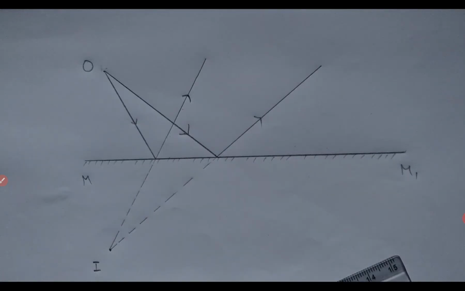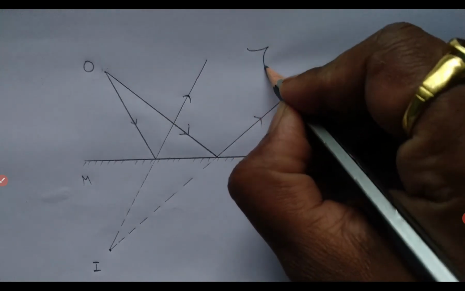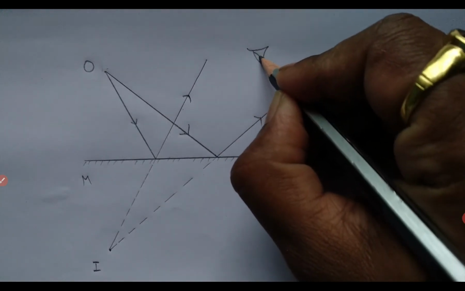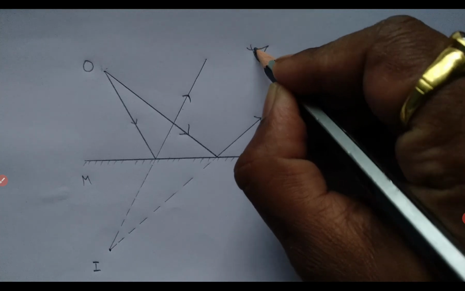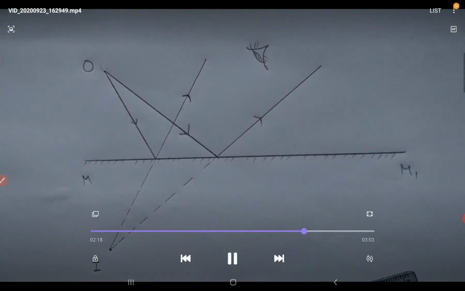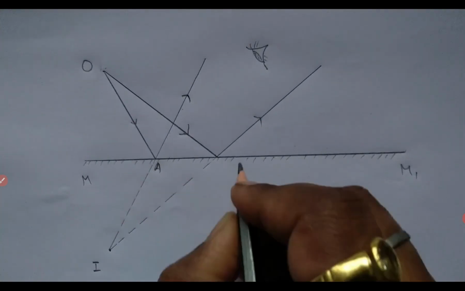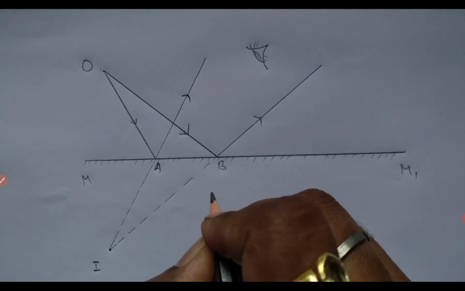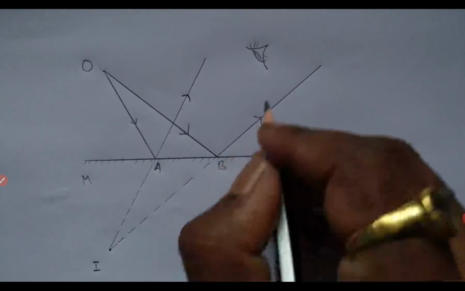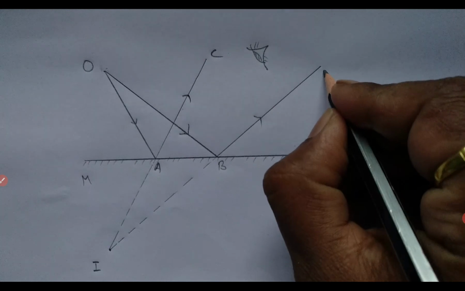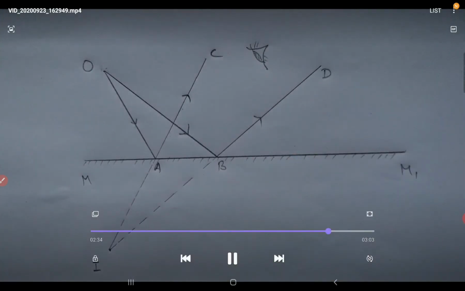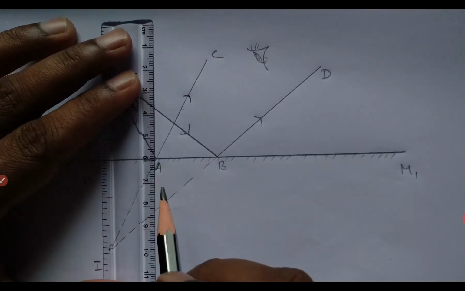So my diagram is almost complete. A few things need to be added now. I need to place an I in between the reflected rays, so that from this position we can see the image below. Then the other things to be added are the points of incidence. The first one is A, the second one is B, and the reflected rays also need to be marked, which are C and D. Now the last two things are left, that is drawing the normals.